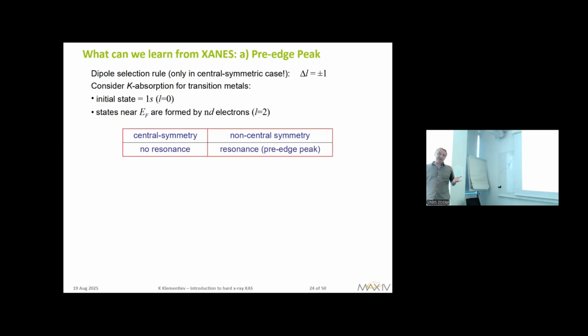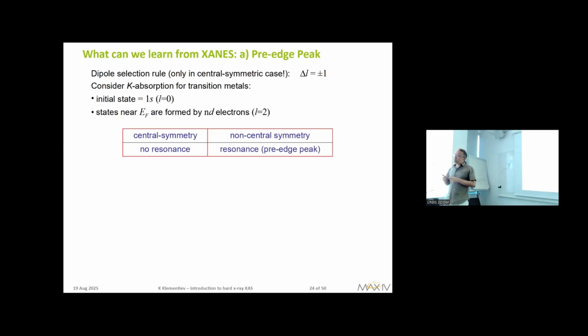But now if we consider d elements, whether 3d, 4d, or 5d, we know that the states close to the Fermi level are d states. So directly from 1s to d, close to the Fermi level, we can't go.